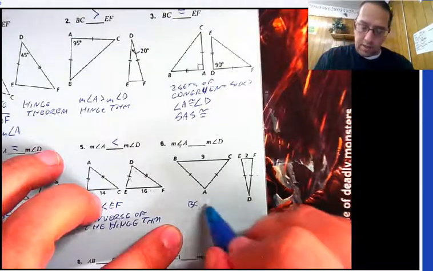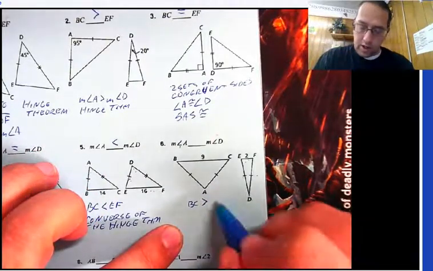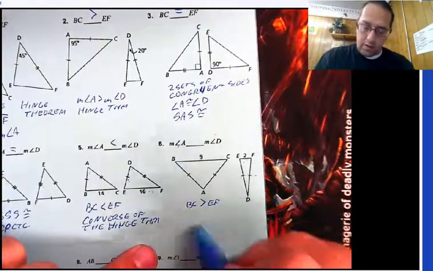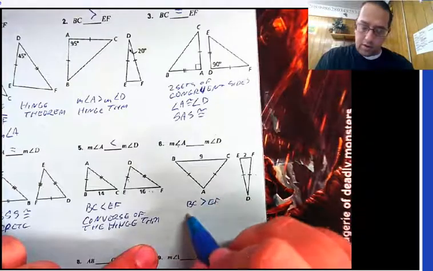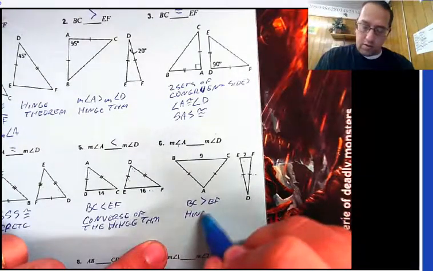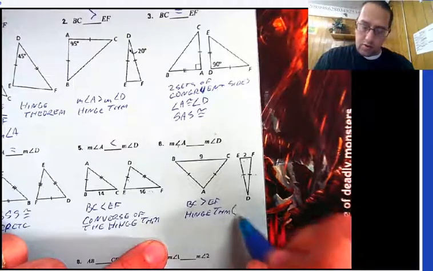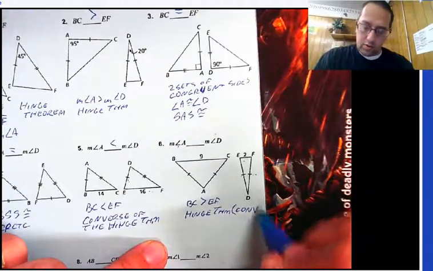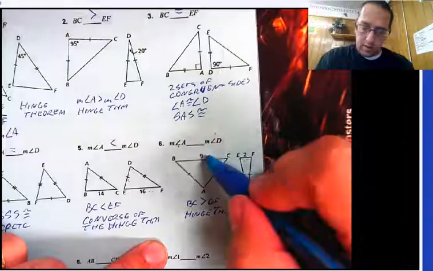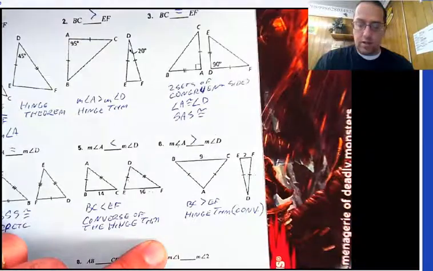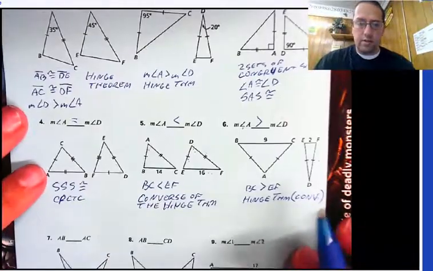So BC is greater than the length of EF. Therefore, again, this is the converse of the Hinge theorem, or another way you could write this, the Hinge theorem converse. Since this one's bigger, angle A is going to have a larger measure than angle D. Remember, the larger angle is opposite the larger side.